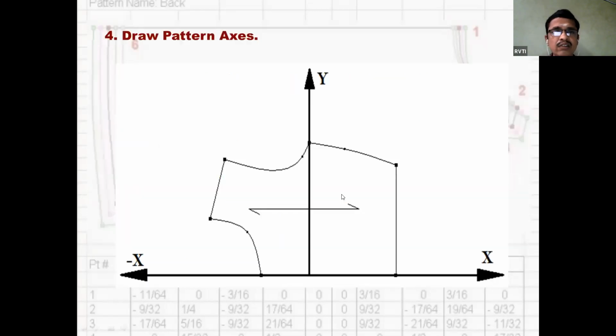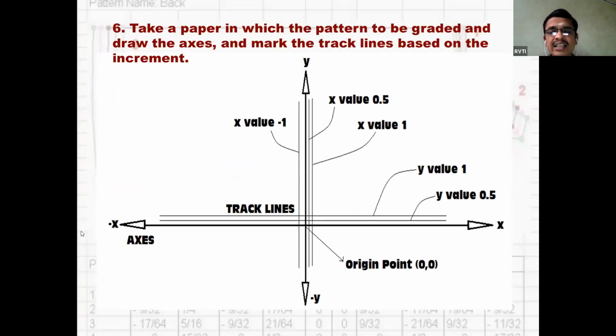Then after that, we are drawing the track lines. We have to take a paper where we are going to cut the M size pattern. There you have to draw the axis first, X axis and Y axis. This is known as the 0, 0 origin point, and you have to draw track lines. Here I am drawing the Y value plus 0.5. Here is another value, 0.1.